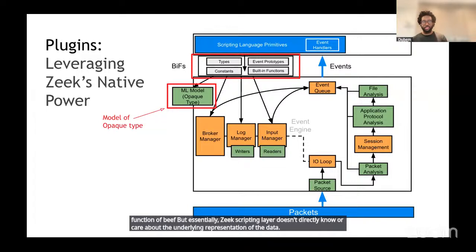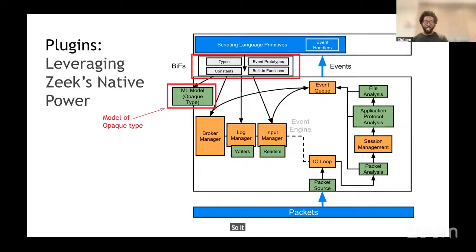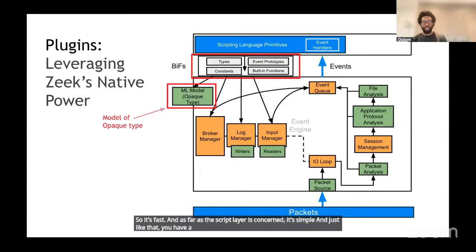Instead, scripts interact with the opaque value through built-in functions in such a way that the actual classification operation, in our case, is done at the C++ level. So it's fast, and as far as the script layer is concerned, it's simple. And just like that, you have a built-in machine learning classifier function you can call on Zeek events in real time.